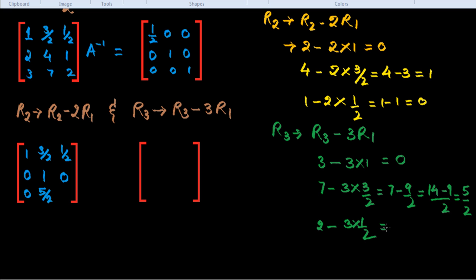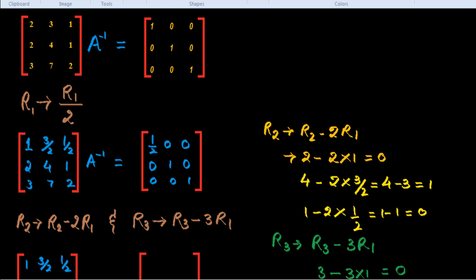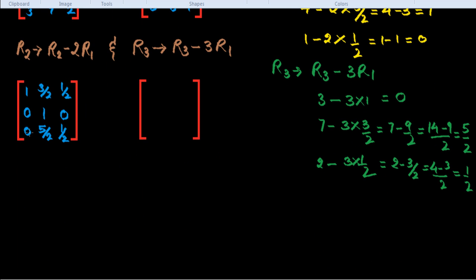So we get here 2 minus 3 by 2, which is 4 minus 3 by 2. Oh, sorry. 4 minus 3 over 2, which is 1 by 2 now. So we have got here 1 by 2. So we have got this first column as identity matrix 1 0 0. Look at this. Here we also get 1 0 0. The same process we have to do here.